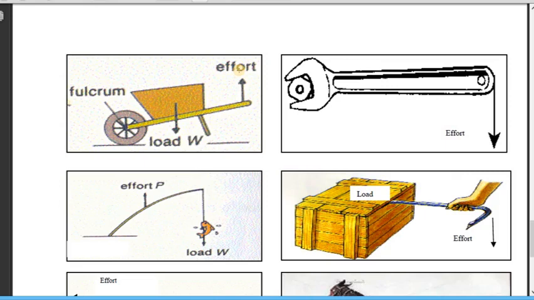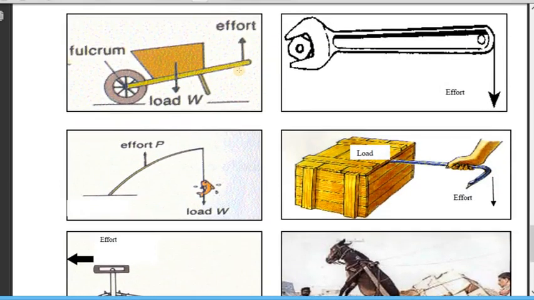If we were going to do machines in detail, we would have talked about first order machines, second order machines, and third order machines. We usually give the example of the seesaw, with the pivot in the middle.